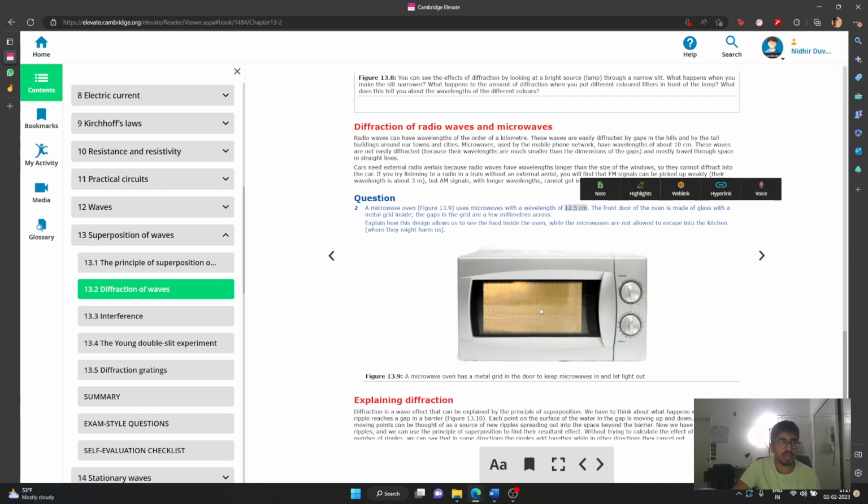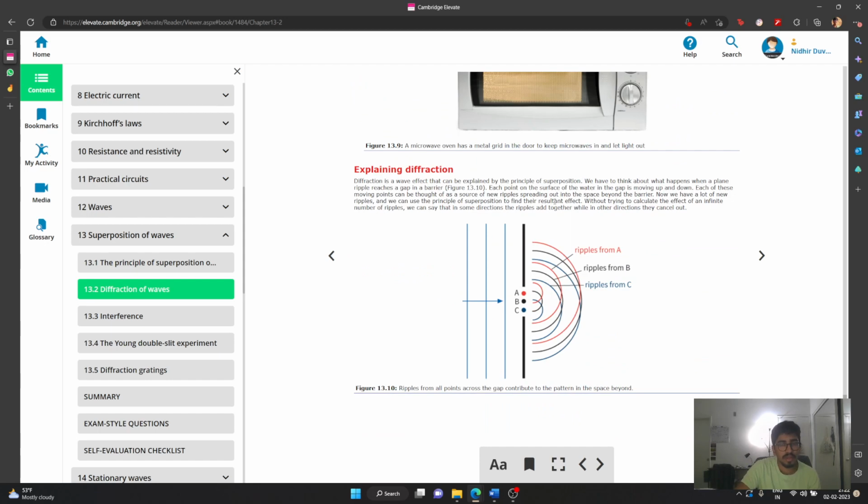No. They're like half a centimeter or even less, like 1 centimeter or 0.1 centimeter, very small holes. Now lambda here is much bigger than D. So in this case, no diffraction will happen. They can't even go out. So it just reflects back. So this mesh at the start of the microwave is very important. We don't usually think about it, but because of this reflection phenomenon, it's very important.